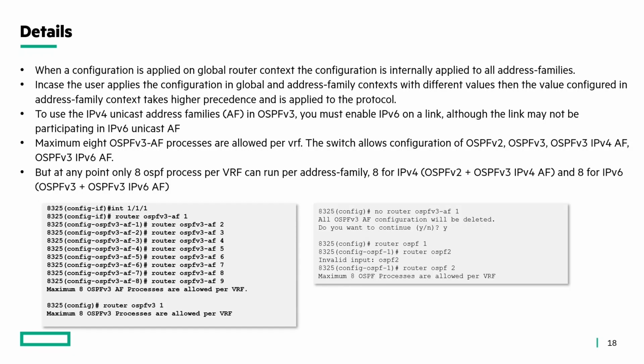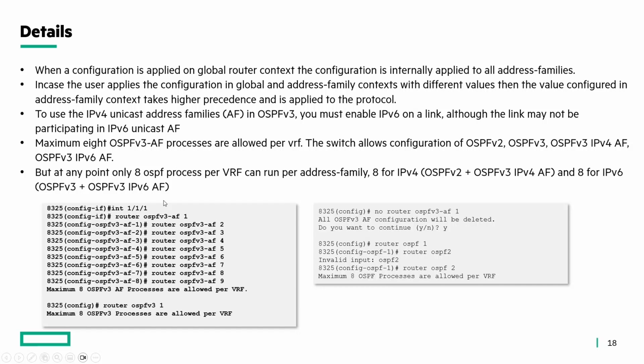But at any point, only 8 OSPF processes per VRF can run per address family, which is 8 for IPv4, combining both v2 and v3 IPv4, that is OSPFv2 and OSPFv3 IPv4, and 8 for IPv6, that is combining OSPFv3 and OSPFv3 IPv6 AF.